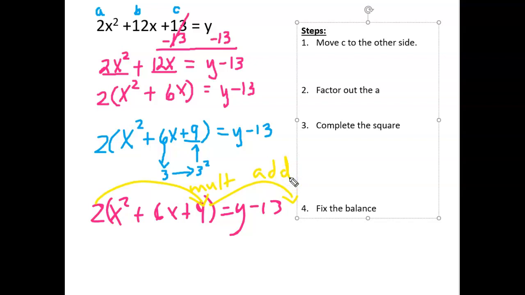It could be subtract. It just depends on the sign. But in this case, 2 times 9 is 18, so we're going to add 18 to this side over here. Sorry about that. So 2 times 9 is multiply, and then add that number over here, that's 18. So that's what we need to add on the other side to fix the balance.